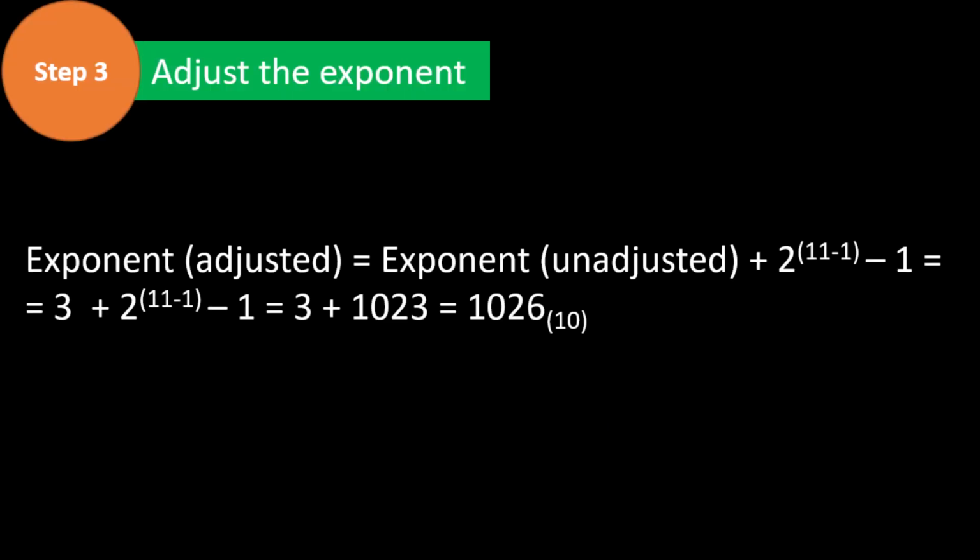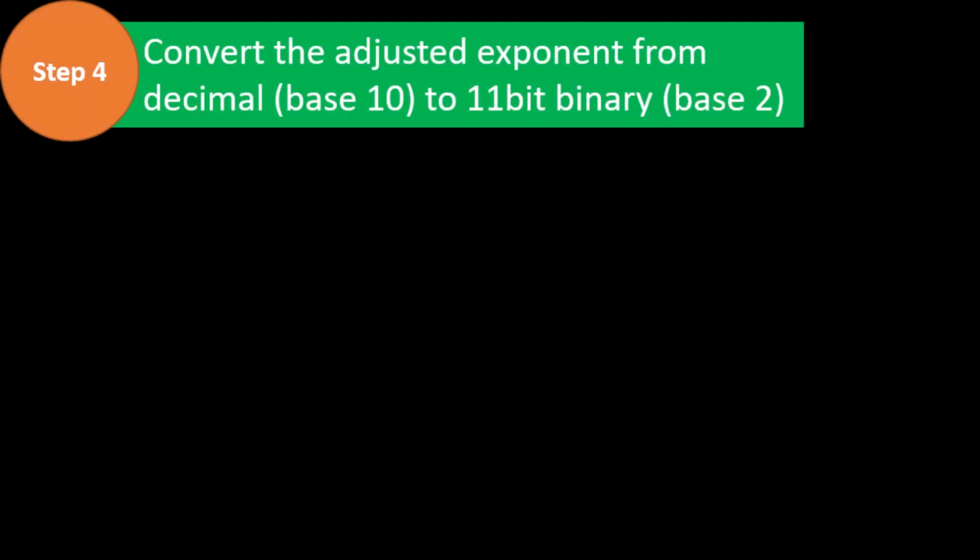Step 3, adjust the exponent. As you remember, bias in double precision format is 1023. So adding 3 plus 1023 makes 1026 in decimal base 10. Step 4, convert the adjusted exponent from decimal to binary.